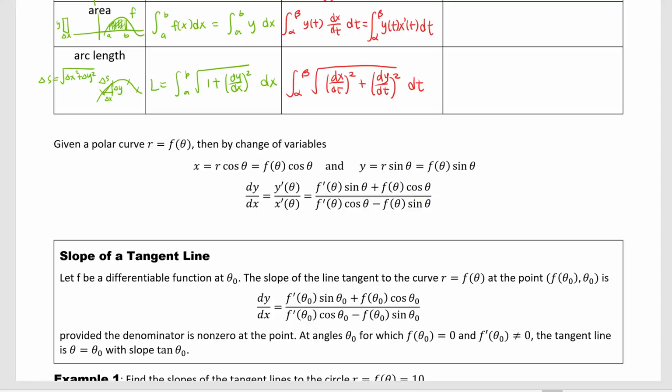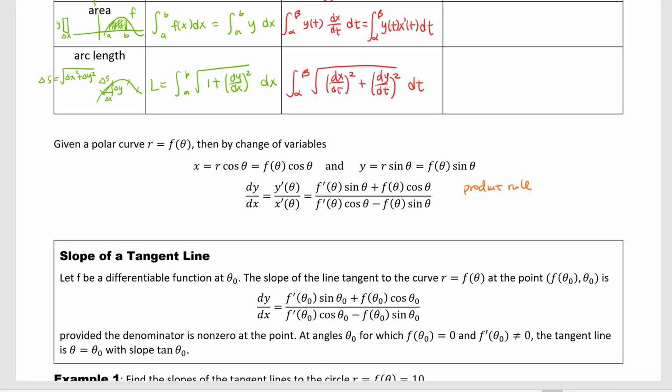And for the denominator, x prime of theta, that is also a product rule: the derivative of the first, f prime theta, times cosine theta, minus f of theta times sine theta, since the derivative of cosine is negative sine.